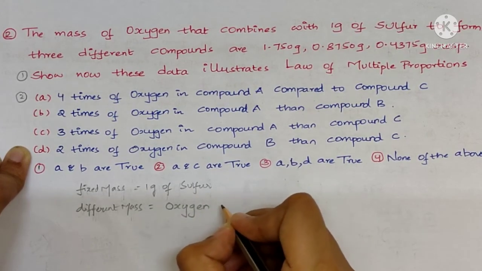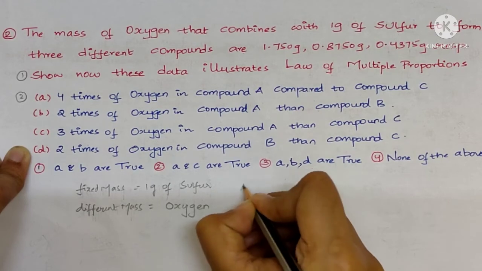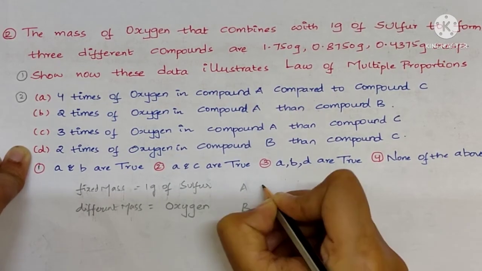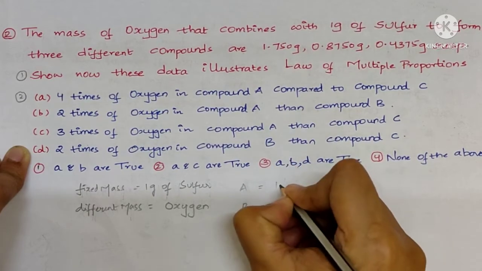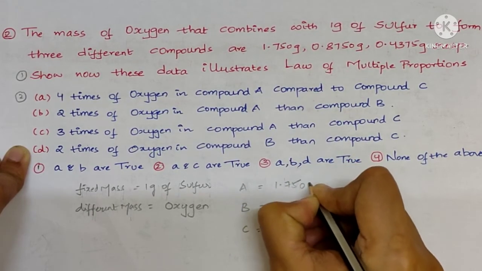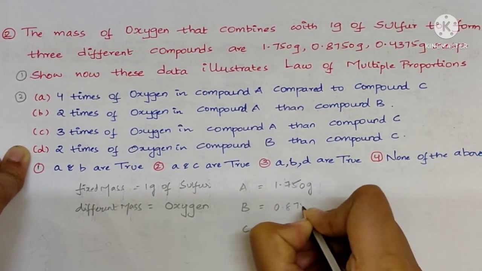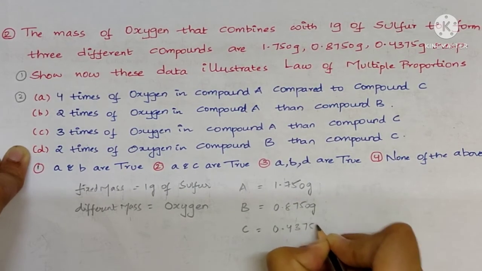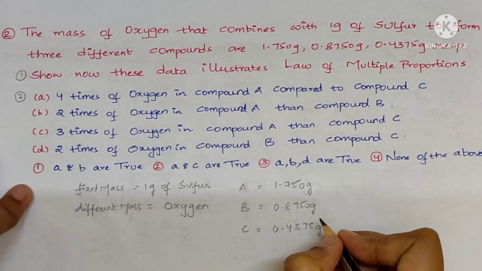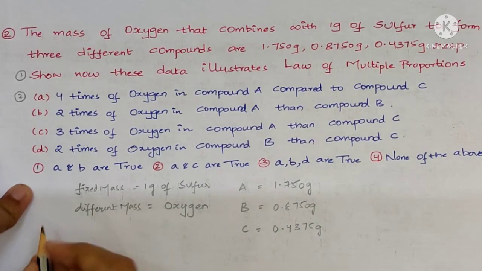Let us denote them as A, B, C. Different masses of oxygen in different compounds: 1.750 grams, 0.8750 grams, and the third one is 0.4375 grams.